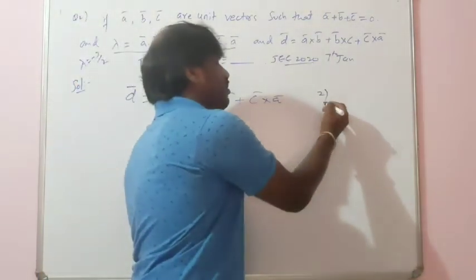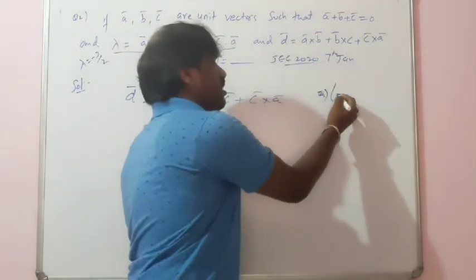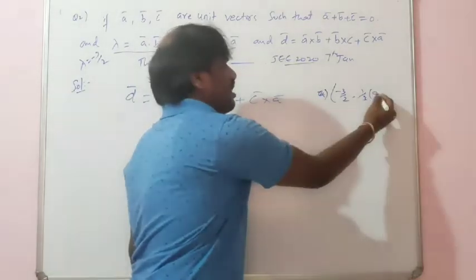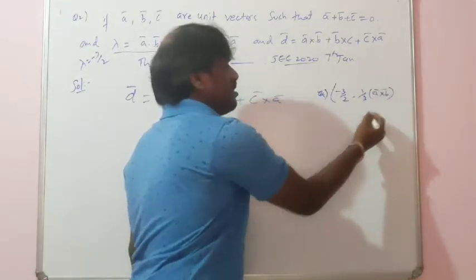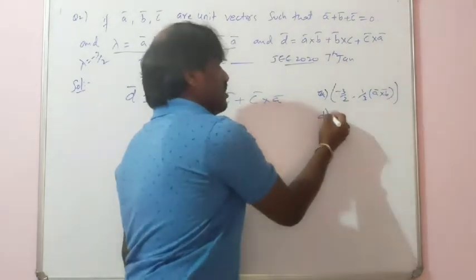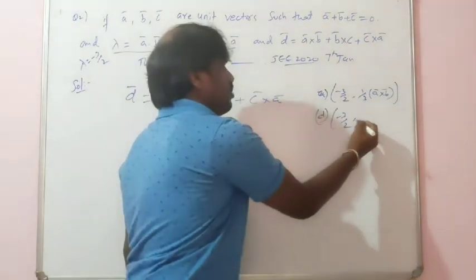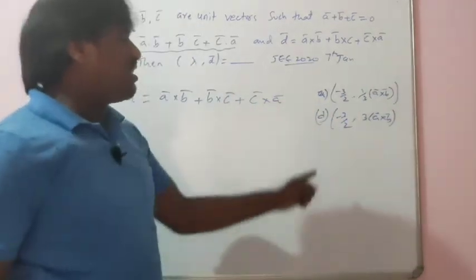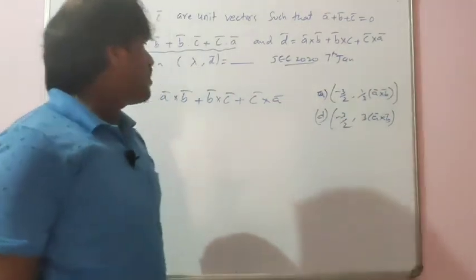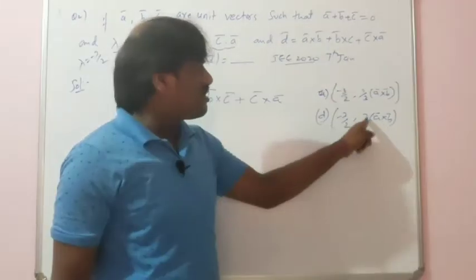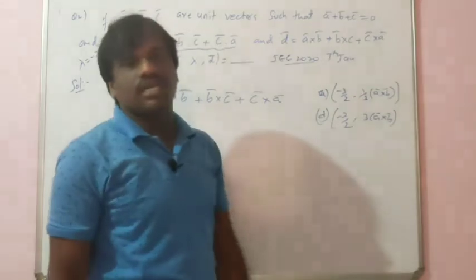Option A is minus 3 by 2 and 1 by 3 of A×B, something like that. Option D is minus 3 by 2, 3 times A×B. They have given other things like 3 times B×C, C×A.